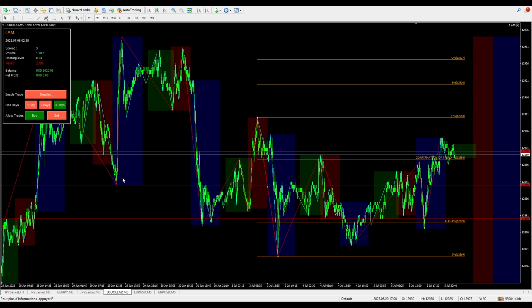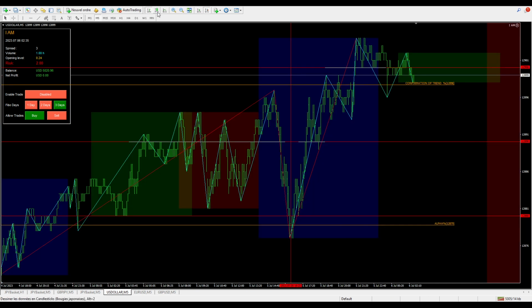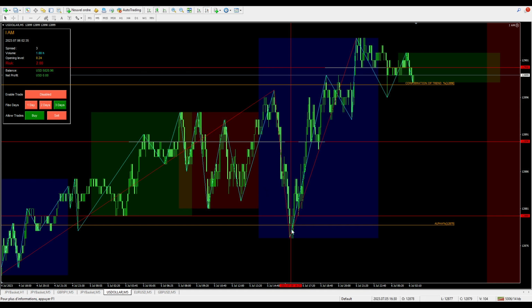So let's take the real time where it was possible to take a trade. It was around, yes, 16.25. So it was at this price during this candle here, but it was possible to take the opportunity in those candles here.